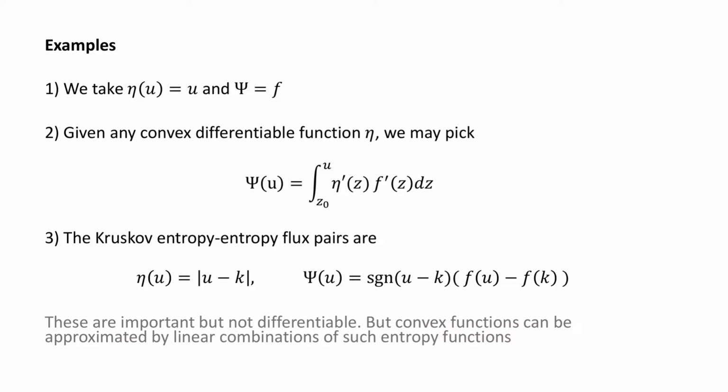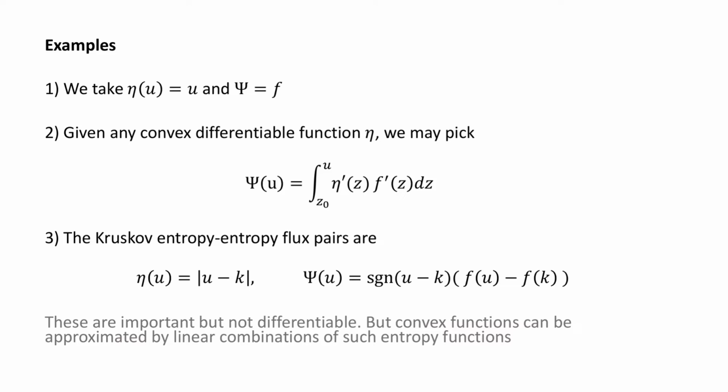Finally, we consider the Kruzhkov entropy-entropy flux pair. Here, eta of u equals the absolute value of u minus k, where k is some arbitrary value, and psi of u equals the sign of u minus k times f of u minus f of k. Here, k is again an arbitrary choice. The Kruzhkov entropy-entropy flux pairs are quite important, but they are not differentiable functions.